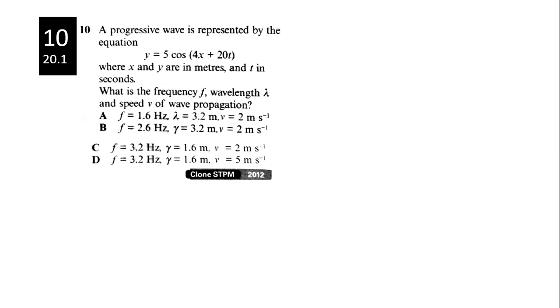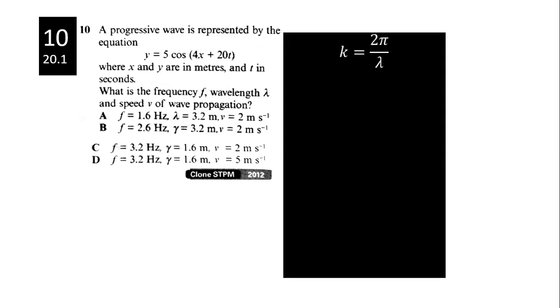How to calculate your wavelength? 2 pi over lambda equals 4. Okay, that's your K. K is 4. Calculate your lambda, 2 pi over 4. How to calculate your frequency? 2 pi f equals 20.